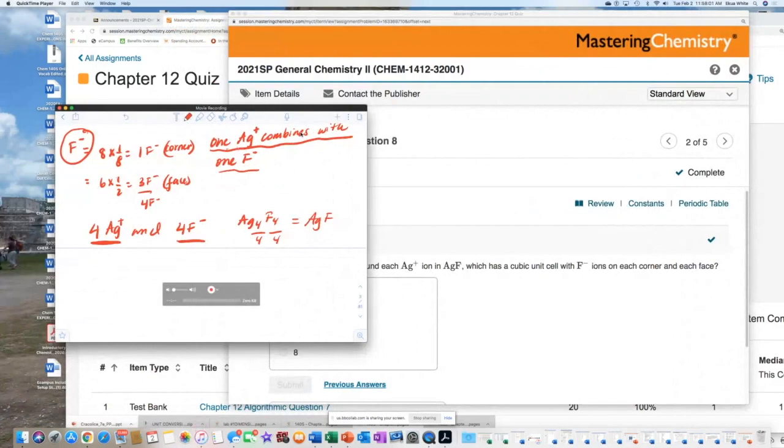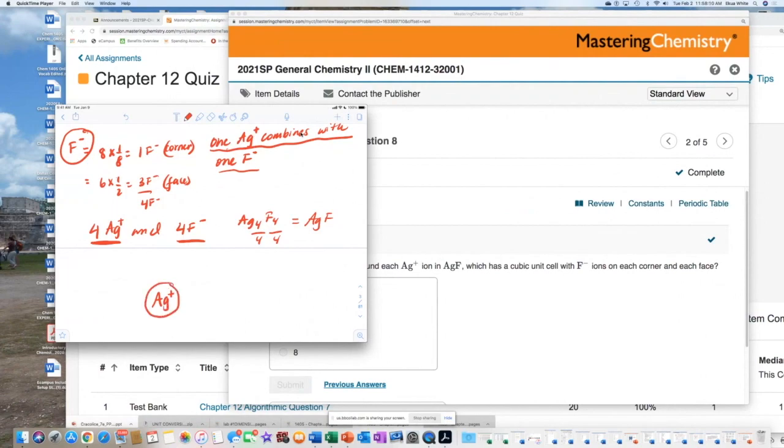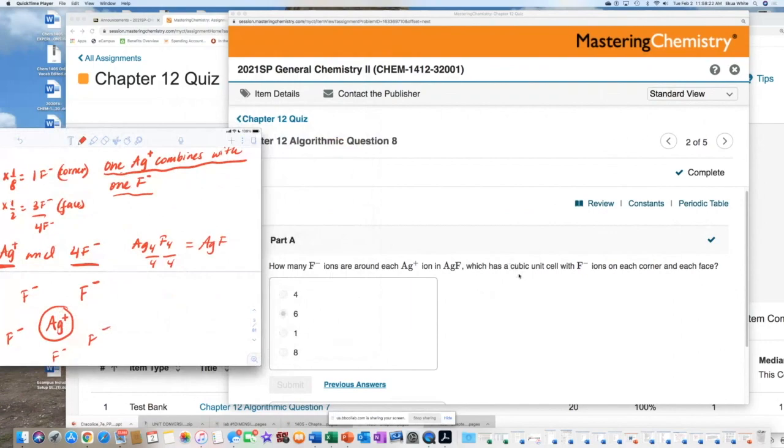So when they're asking you, essentially they're saying that once you set up your structure, the Ag plus ion will be surrounded by the F minus, right? And I won't even try to draw this because I'm not very good at drawing this. But I'm going to go back to the slides to show you. Since they told us it was a cubic unit cell, you want to go back to the cubic unit cell and see how that looks.